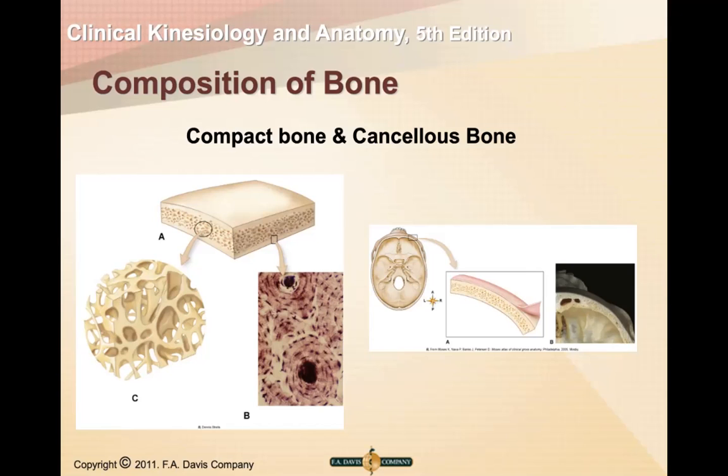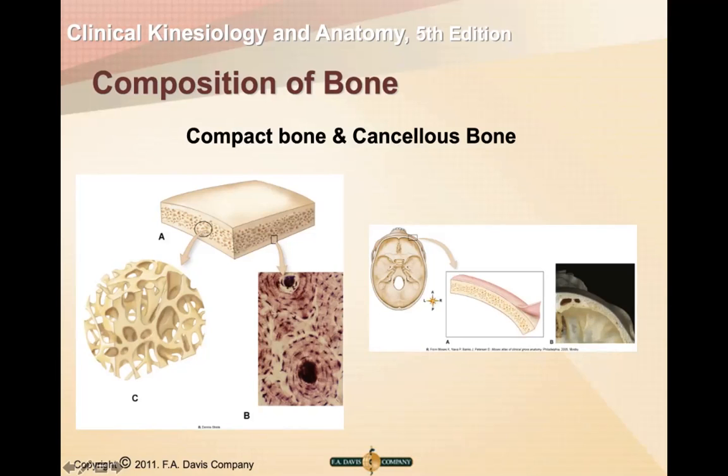And then you can look down even further at the C right here, and that's what it looks like on the microscopic level. It's not quite solid, it's more of a lattice, kind of more of a network of scaffolding, if you will. It's still pretty dense. You can see in this other picture, there's a cross section of the skull, and you can see the skull's not very thick.